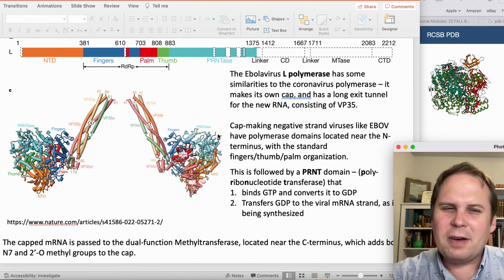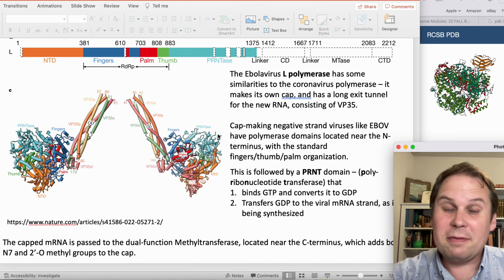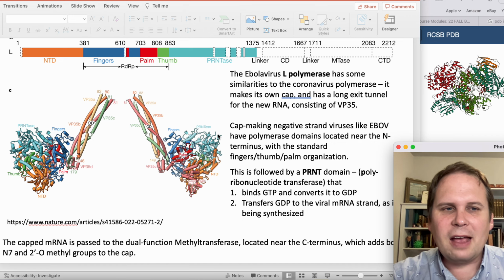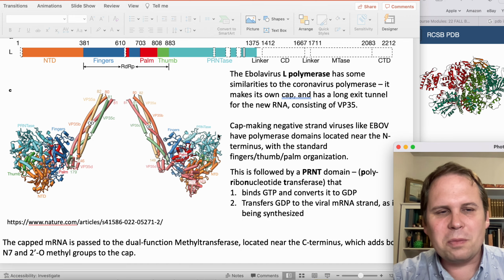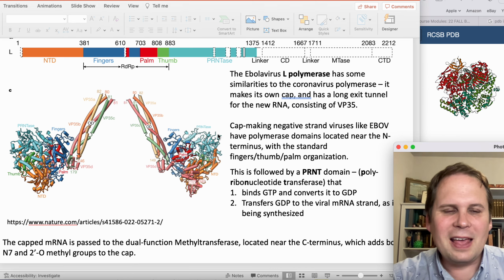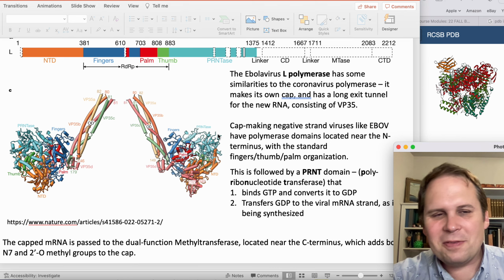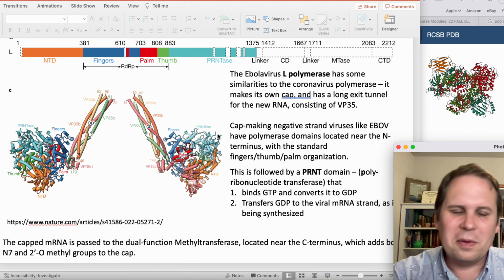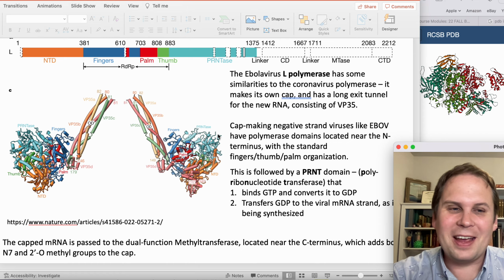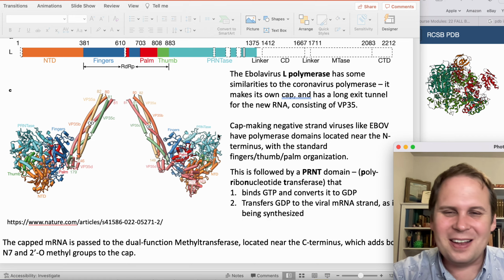I want to say flaviviruses do it as well, but I would have to look that up. They can transfer the methyl group to the N7, and they can transfer the methyl group to the 2' O of the next nucleotide. It's a dual function methyltransferase, and that just makes life a lot easier.